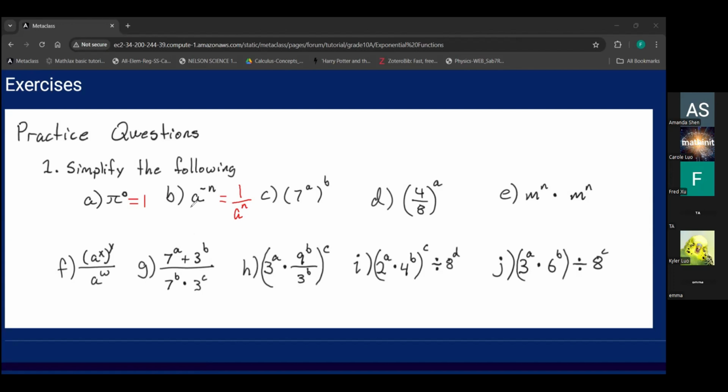You can write this as over 1 to make it easier, and then you move the term to the denominator. And then since it is 7 to the power of a, all this to the power of b, this is just equal to 7 to the power of a times b.